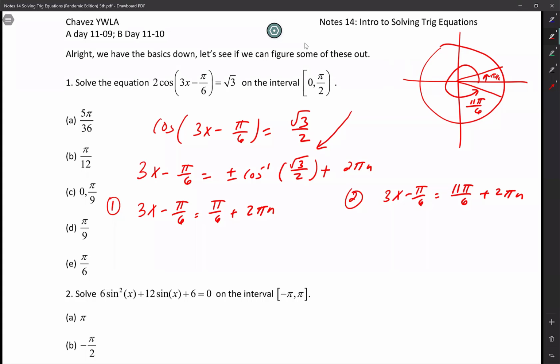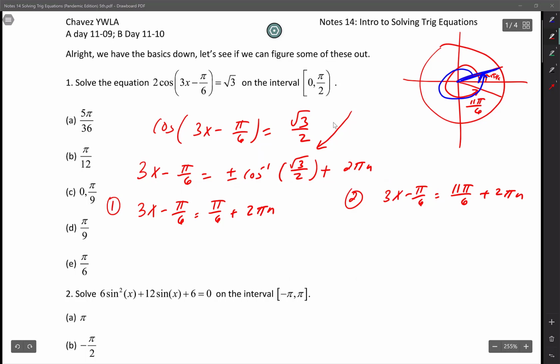Every time I do a revolution, I'm in the same location. So if I'm here, that one in blue, and I do another 2 pi, I'm back in the same ray. Do we see that or no? Yes. Okay. All right, guys.